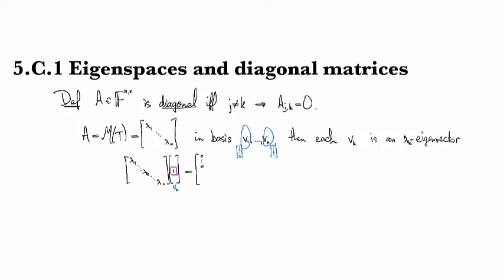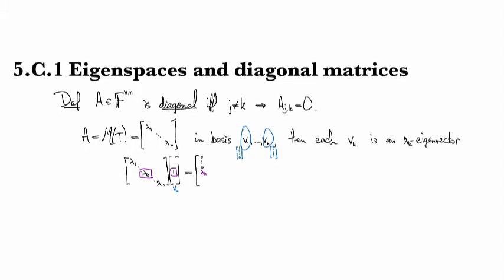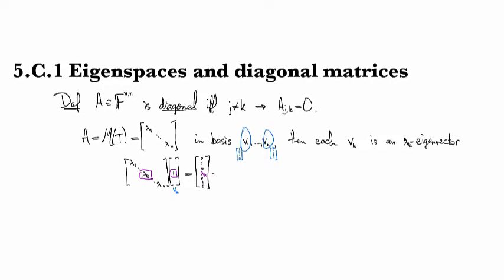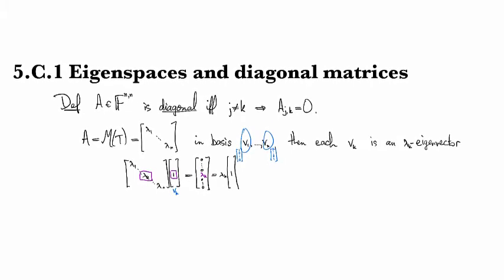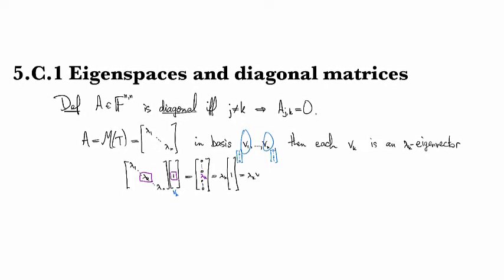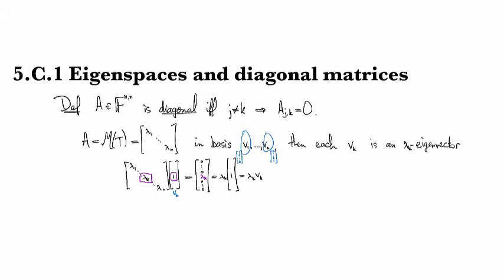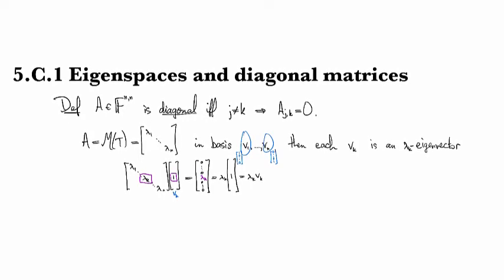So this 1 will connect with this lambda k right at that point, and so you'll get a lambda k, and then everywhere else you'll have zeros again. And so this is lambda k times vk, right? Okay, so that's the idea.